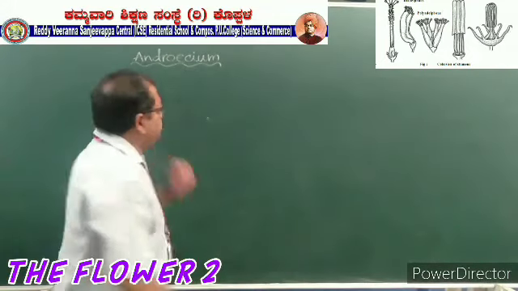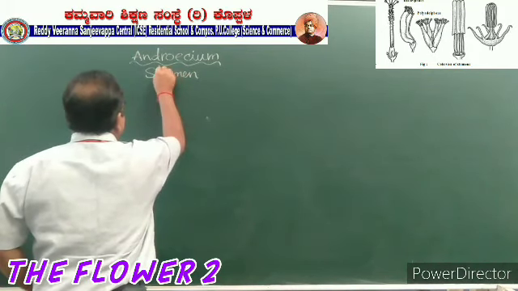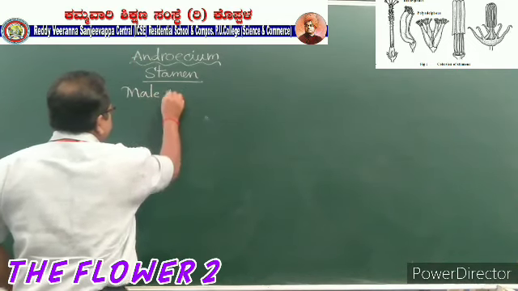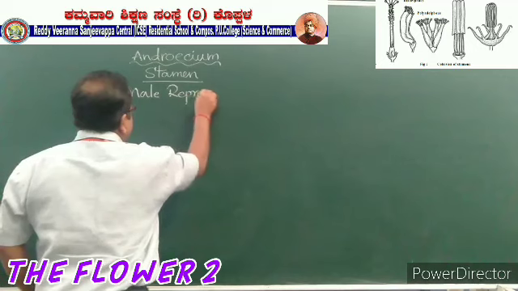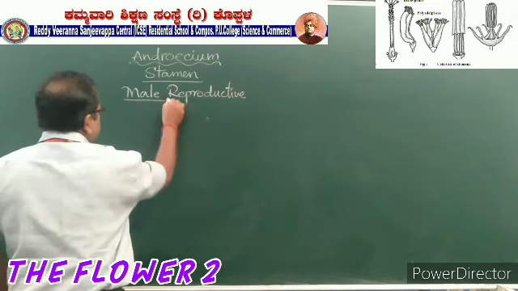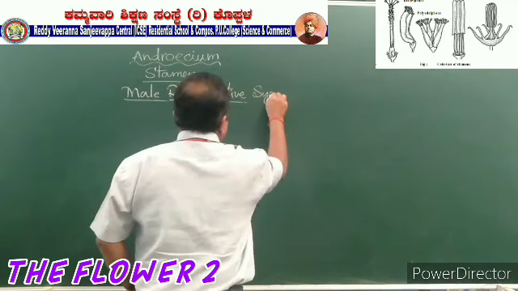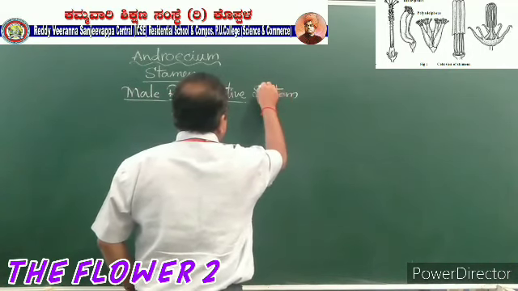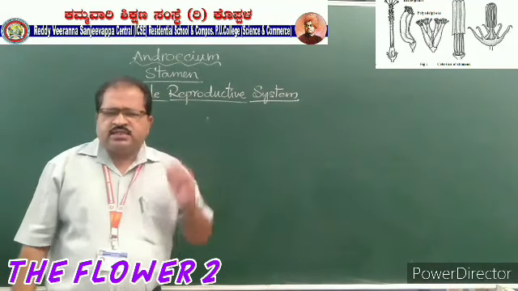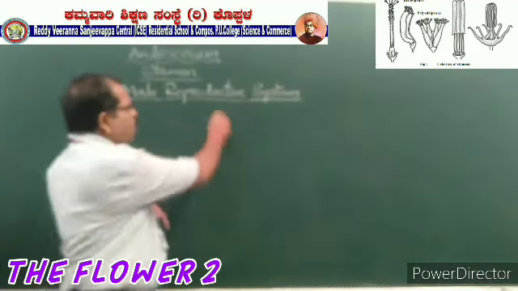Androecium is also called stamen, and is also said to be the male reproductive system of the flower.